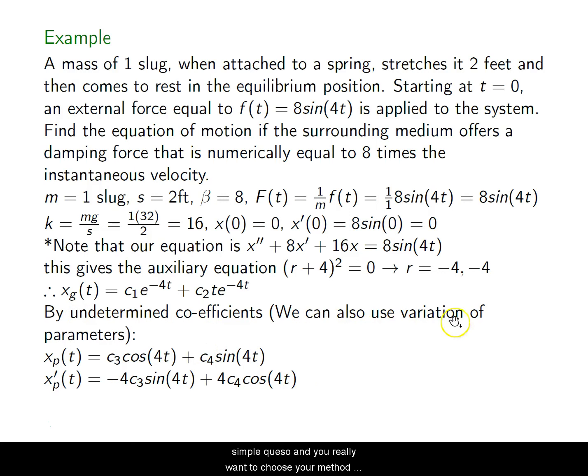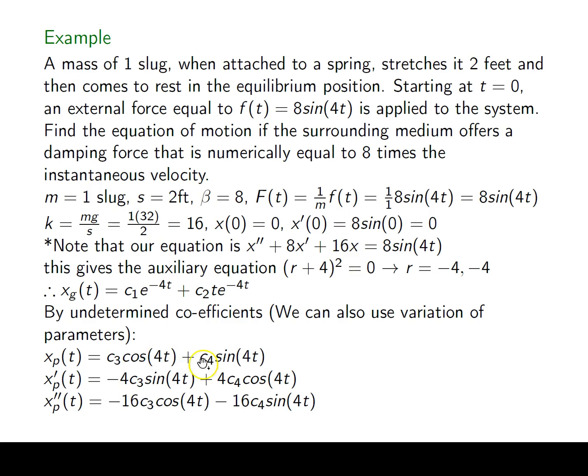So again, you really want to choose your method based on whatever is easiest. The first and second derivative are very straightforward. You're just doing the chain rule a couple of times. There's no product rule, so it doesn't keep getting longer and longer. You just keep adding this 4t and changing your trig functions.